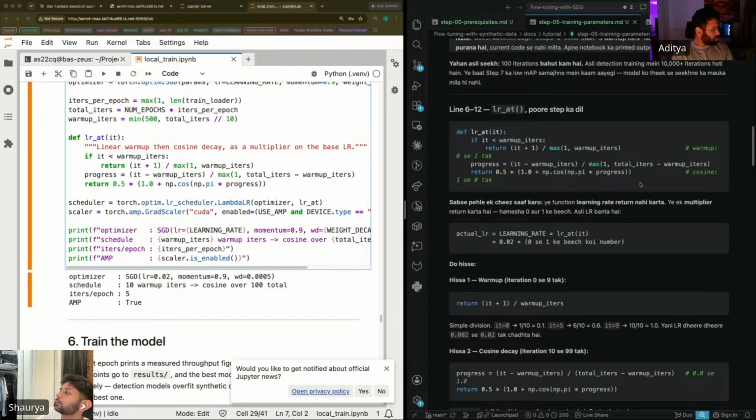If it is smaller than warm up iterations, return it plus 1 divided by max of 1 and warm up iterations.